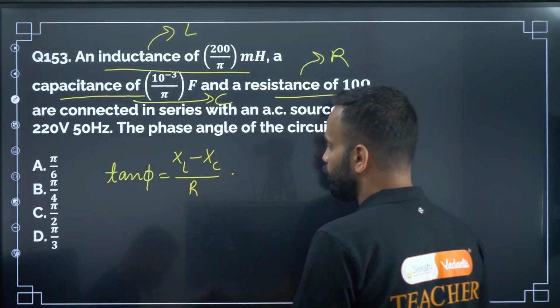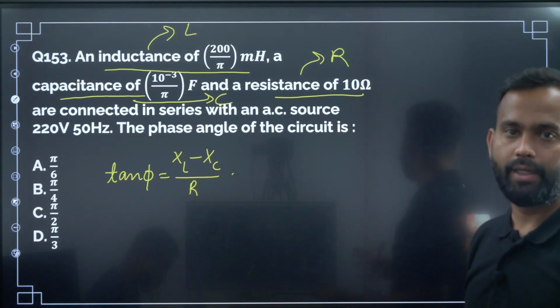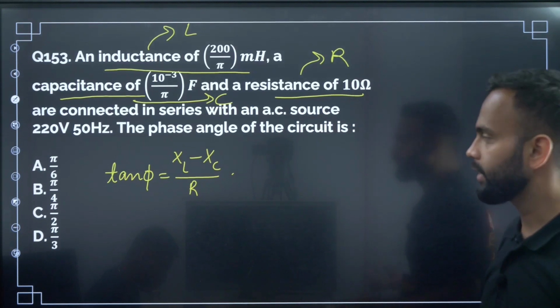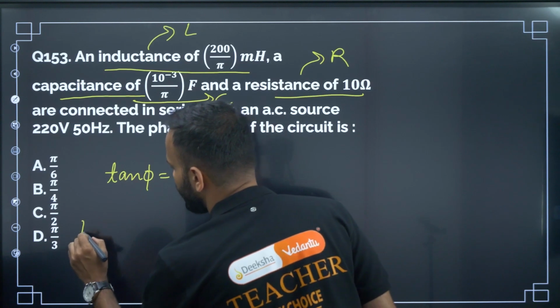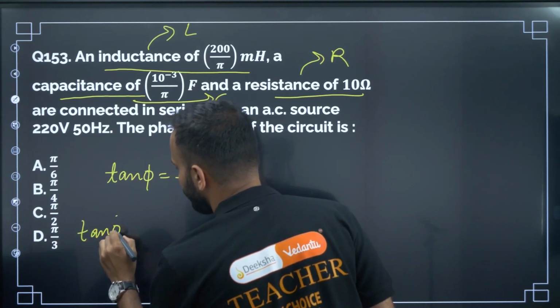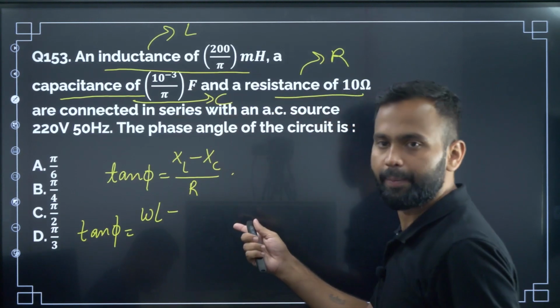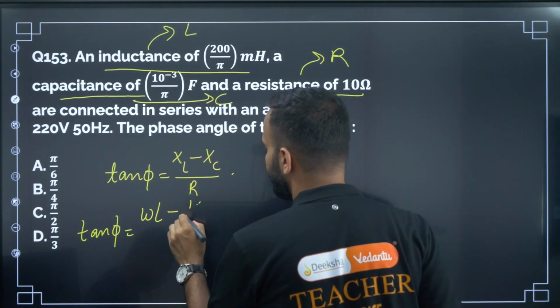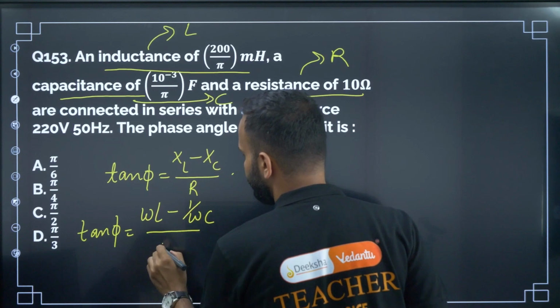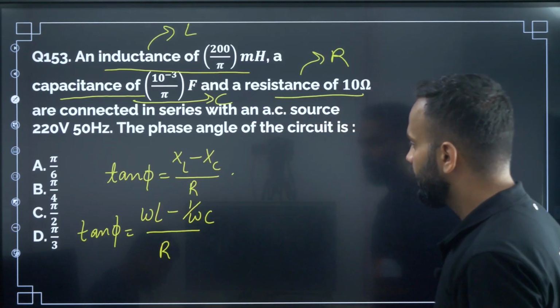We know XL is omega into L, where omega is angular frequency. So tan phi is equal to omega L minus XC, capacitive reactance, which is 1 divided by omega C, whole divided by R.